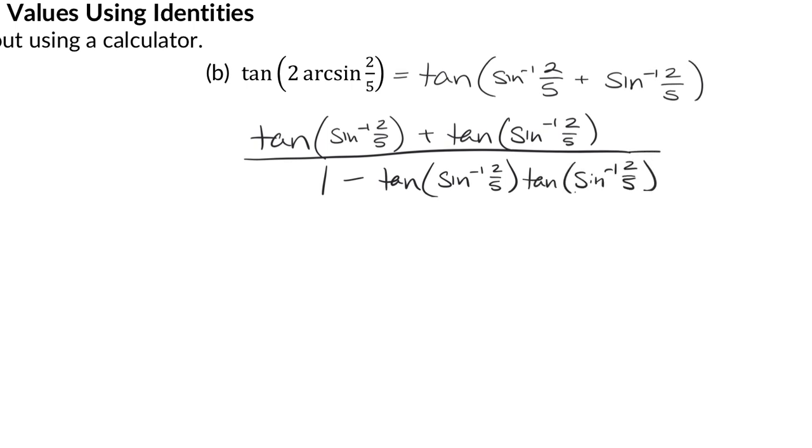If you're wondering where I'm getting this formula, it's from the sum and difference formulas from chapter 5: tangent of A plus tangent of B, all over 1 minus tangent of A times tangent of B. That's what I'm doing here.